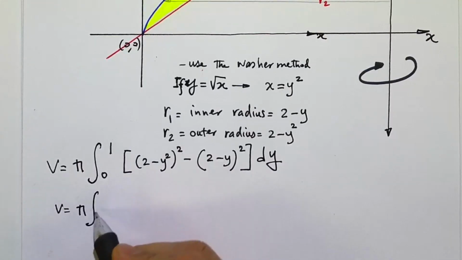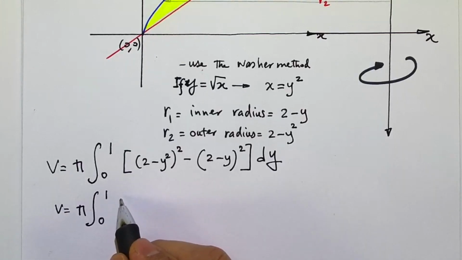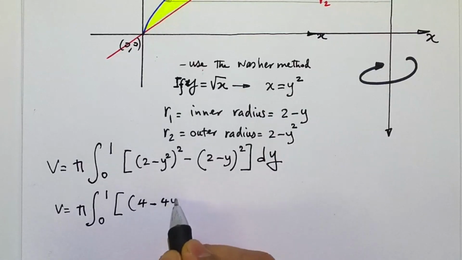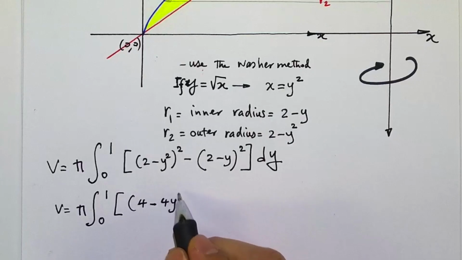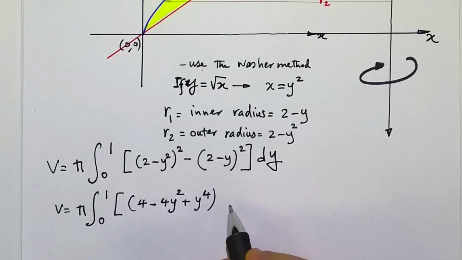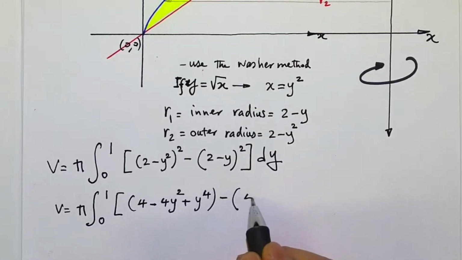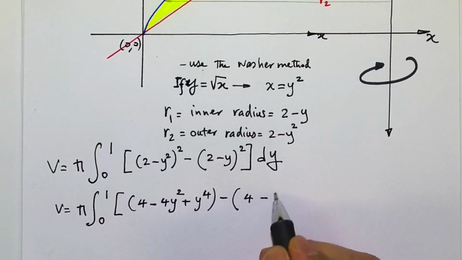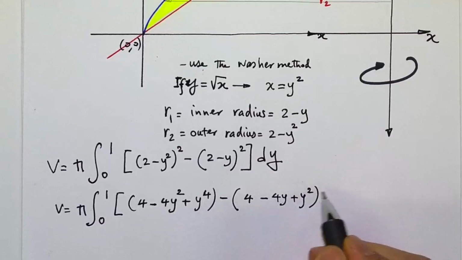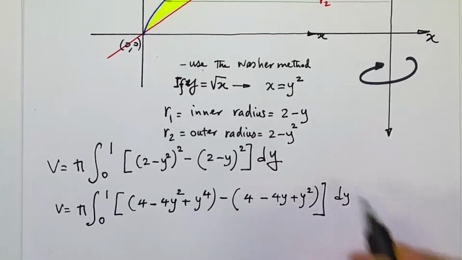I hope what I'm doing agrees with what you did before you watch the rest of this video. And if they don't agree, I hope you're seeing why our solutions vary. If not, please ask. So minus 4 minus 4y plus y squared, and then dy.